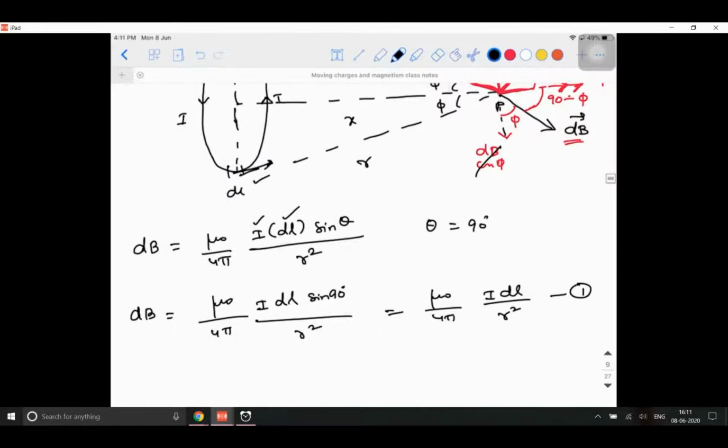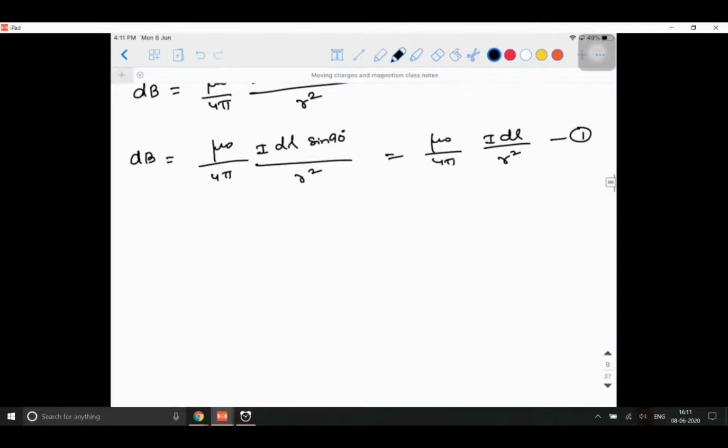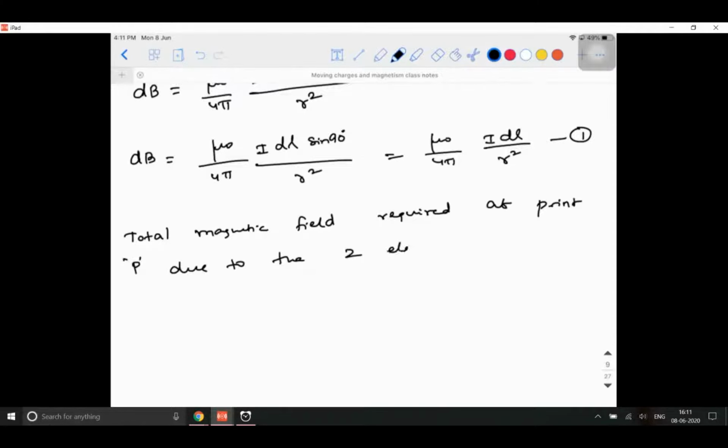So the required magnetic field for us at point P is not dB. It is the sum of dB sin phi and dB sin phi. This is where you need to be careful. So the total magnetic field required at point P due to the two elements alone is going to be dB dash.